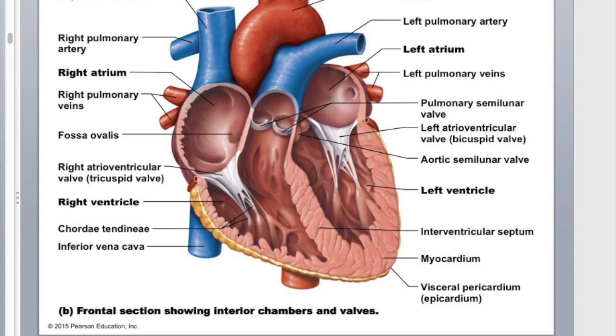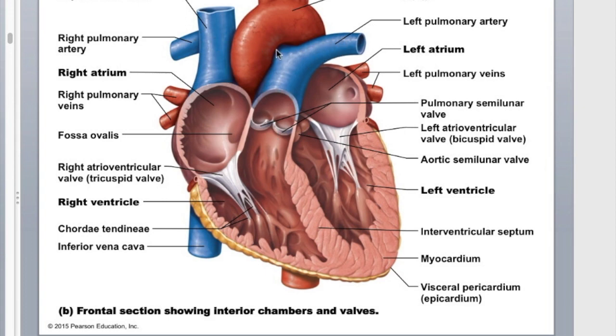Let's talk about the different types of circulation. So you've got your left ventricle, which pushes blood out to the rest of the body. The rest of the body, it flows through and then it comes back by the vena cavas. So it leaves to go to the body through the left ventricle, goes out to the body, and when it comes back into the right atrium, it travels down into the right ventricle, and from the right ventricle, it's pushed out into the lungs.